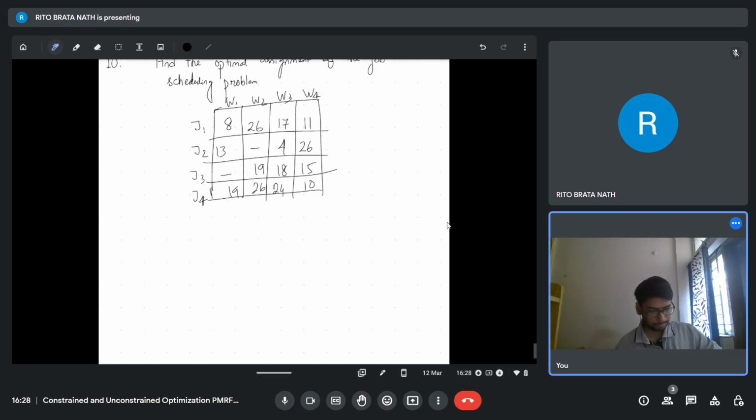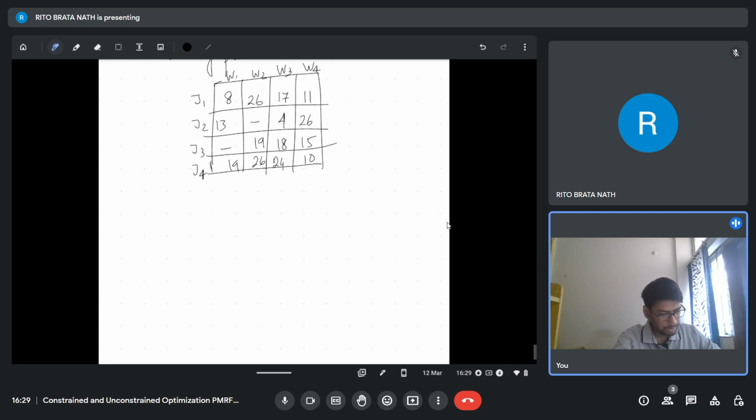Okay. So now, same thing you will do. So the first row, you can just have it as 0 because 8 is the minimum one.